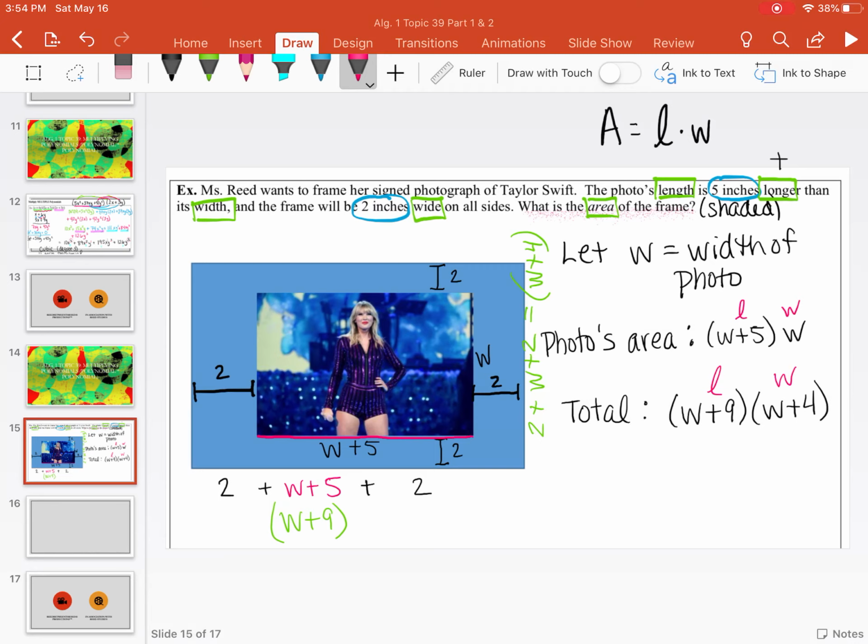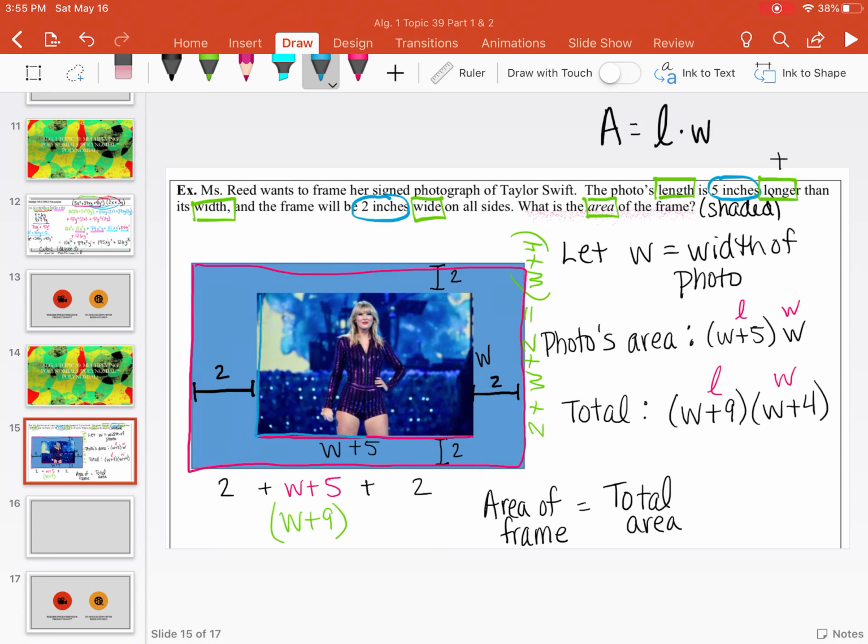Now in order to find the area of the frame, we need to do some subtraction. So we need to take the total area of this entire frame and subtract the area of our photo.